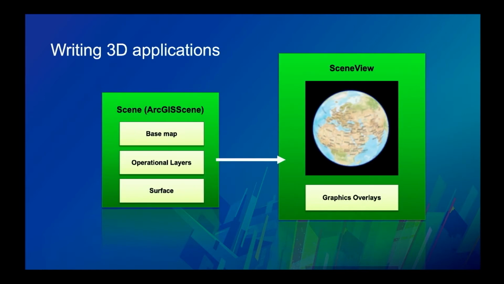As well as writing 2D apps, you've got the ability to write 3D apps as well. Rather than working with a map, you'll be working with something called a scene, or an ArcGISScene. It's actually very similar to a map. We've got a base map, and we've got some operational layers, your business data that you want to visualize inside your application. But because we're working with 3D, we have the concept of a surface.